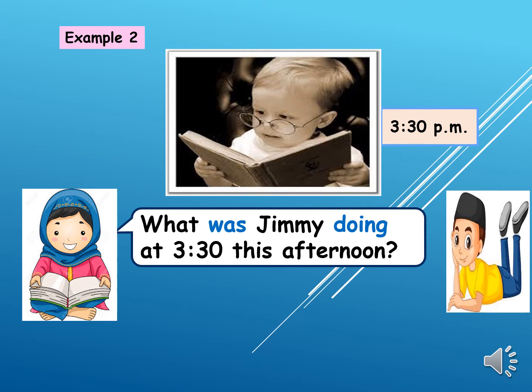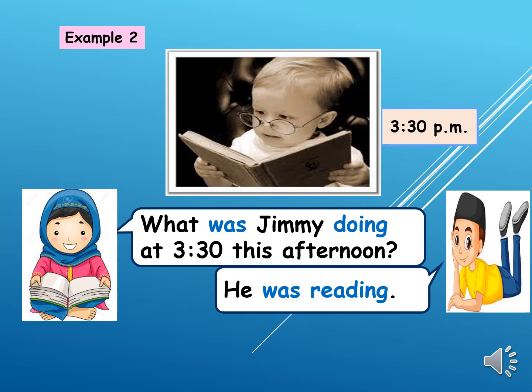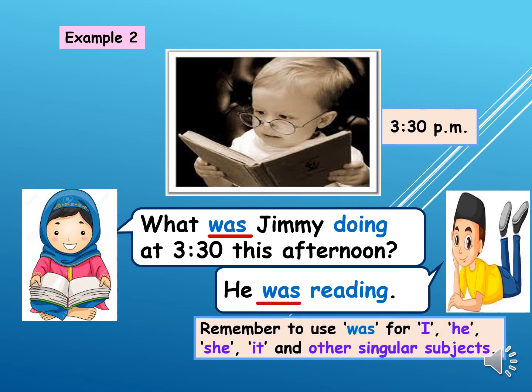And you see from the photo, the boy was reading. So her friend answered, "He was reading." Now, remember to use was for I, he, she, it, and other singular subjects.